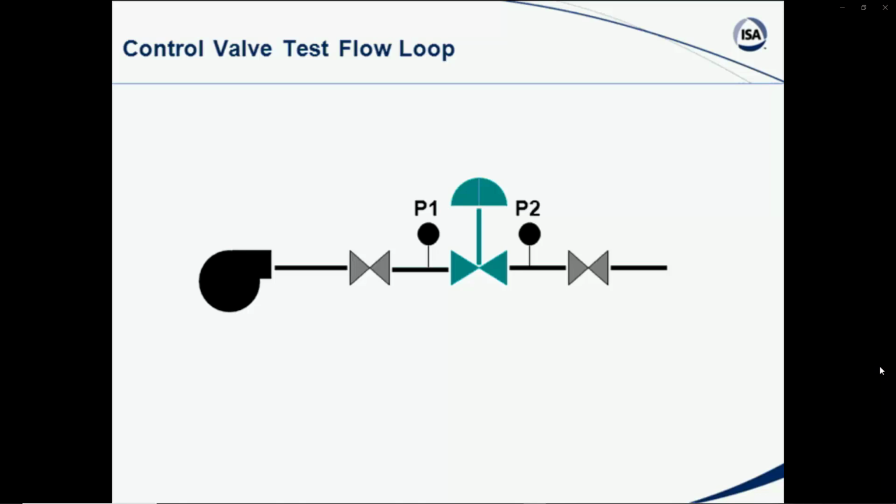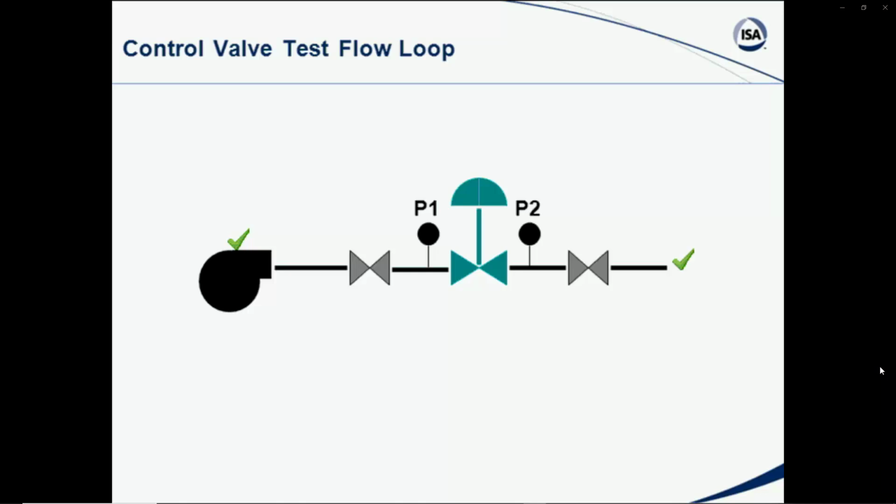Okay, let's talk about how our control valves are rated, how they're tested. All manufacturers have some sort of a test loop. This test loop is a closed system with a pump and a closed return.